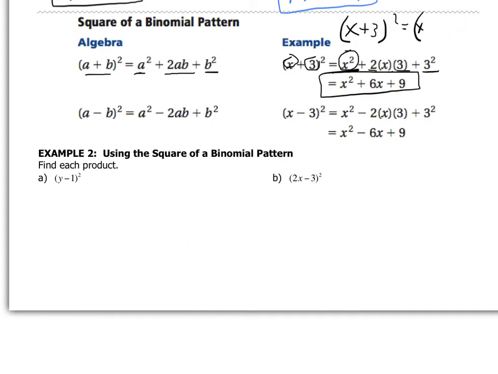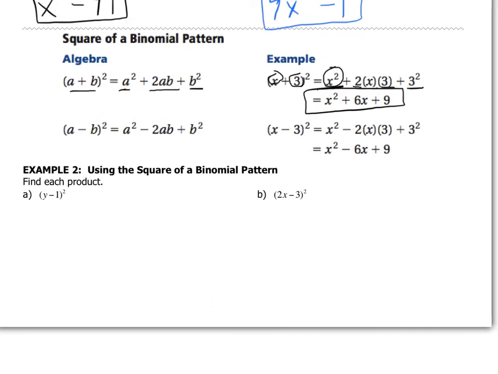So let me just take that out so we see that again. x plus 3 squared. Remember, if I decided I just want to multiply this out, just remember that this is x plus 3 times x plus 3.